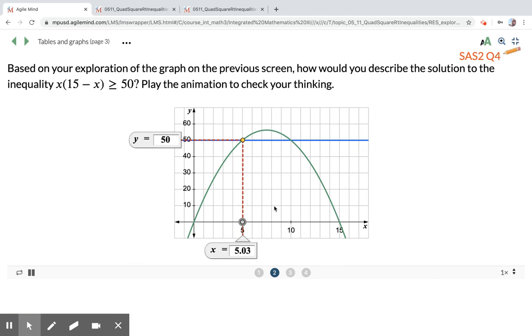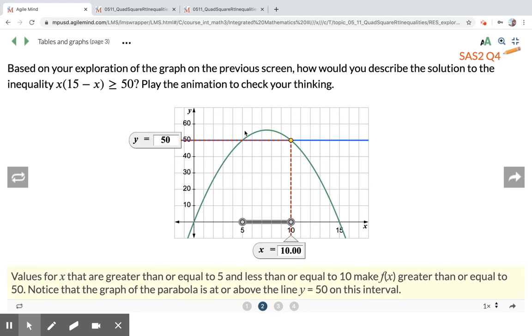But then we were just saying that any value between 5 and 10, any part of my parabola that's above 50 works. So anything that's greater than or equal to 5 and less than or equal to 10 is good. 5 and 10 are good, and anything in between 5 and 10 are good because those all give us areas greater than or equal to 50.